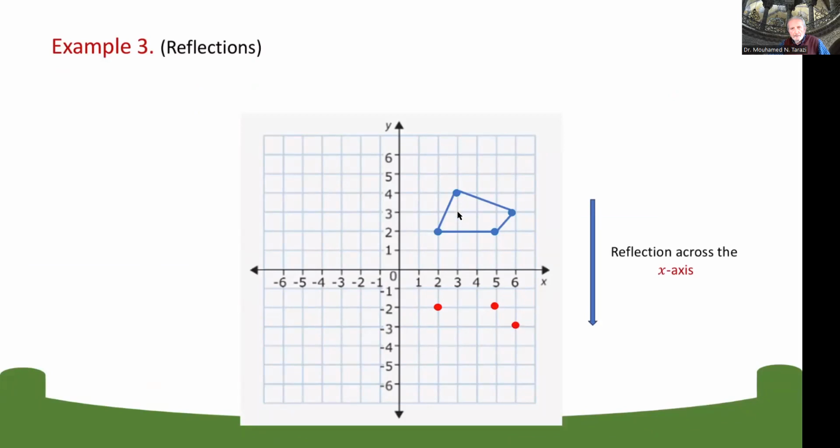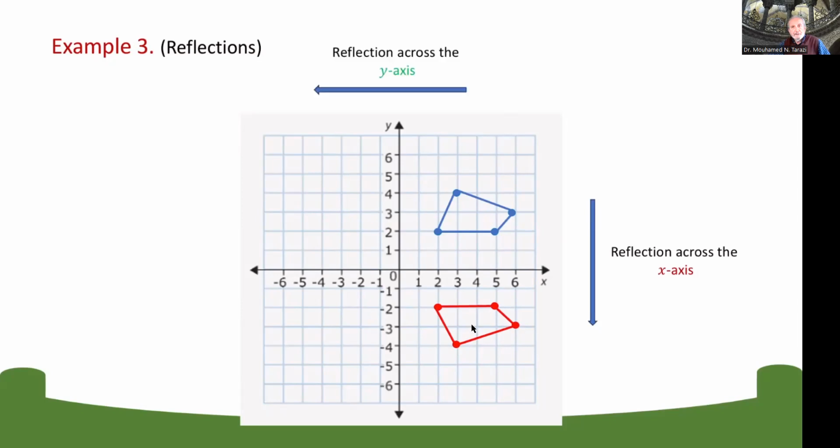Come to this here is 1, 2, 3, 4. Join them. That is a reflection of this figure across the x-axis. If you take a paper like that and fold it across the x-axis, this will be matching this exactly.